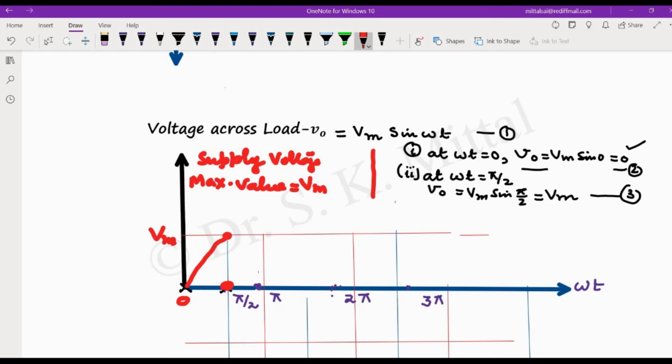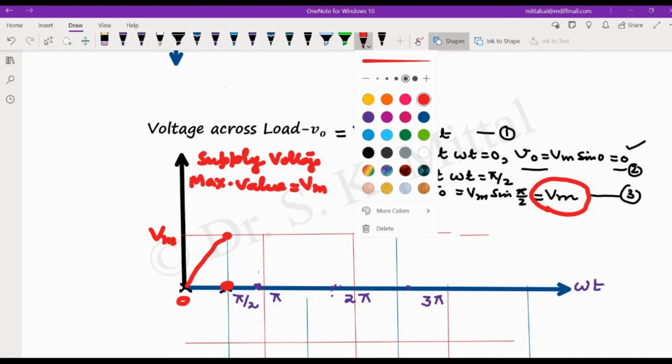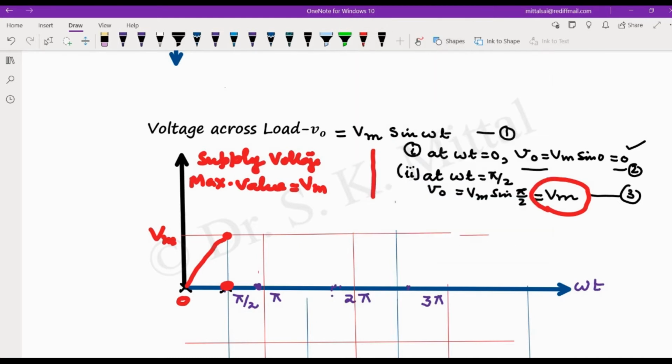Since the capacitor is getting maximum supply voltage at omega t is equal to pi by 2, which is Vm, therefore for further time, the voltage across the capacitor remains Vm. So after omega t is equal to pi by 2, the maximum voltage across the capacitor, which is obtained at omega t is equal to pi by 2, remains.